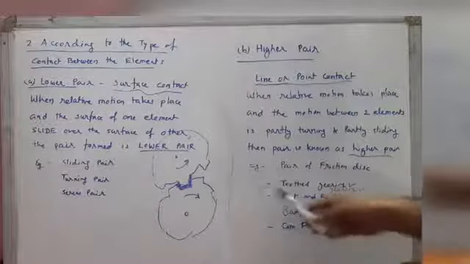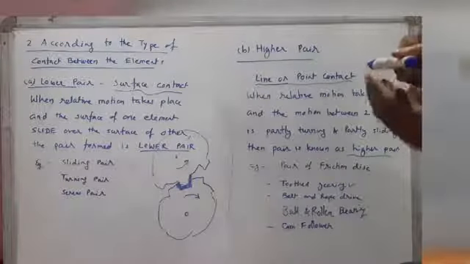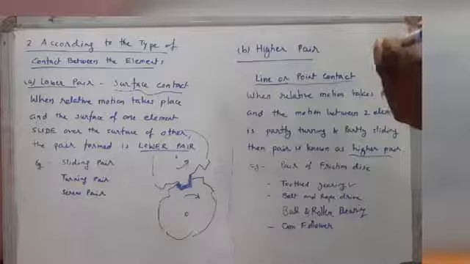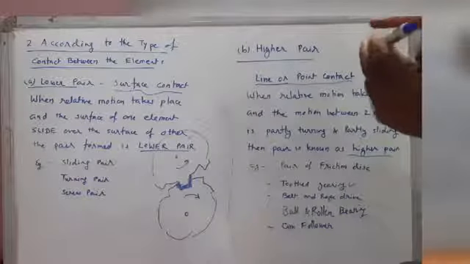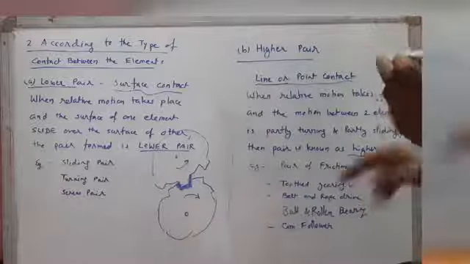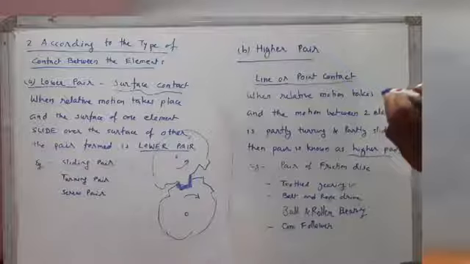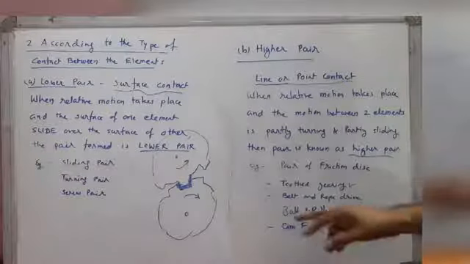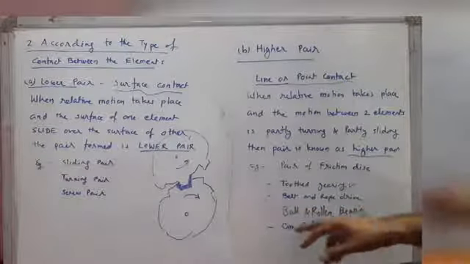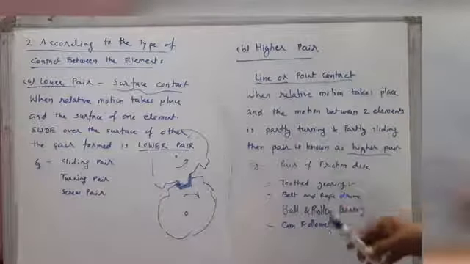Belt and rope drive: if this is the roller and a belt is provided here, then only this contact is there, just simple line contact. Then ball and roller bearing and cam and follower are also examples of higher pair.